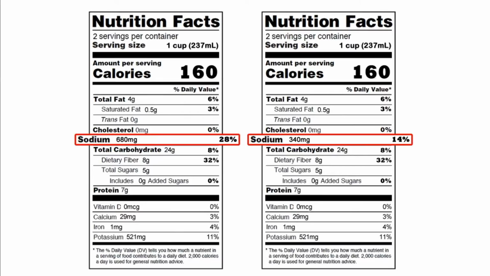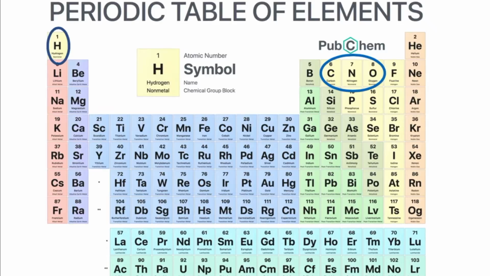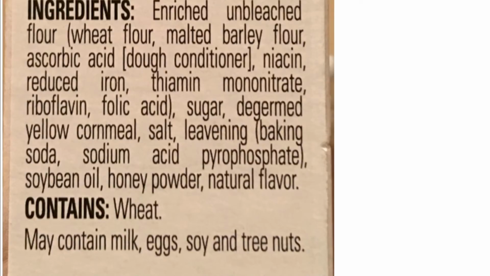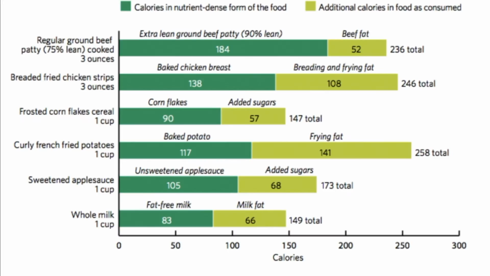Most DVs are based on amounts for people aged 4 years through adult, though there are DVs established for infants, toddlers, and pregnant and lactating women. And you'll see those used on food products specifically developed for those groups. Most of the time, the DV for a nutrient is the highest RDA or AI for the group it's intended for.